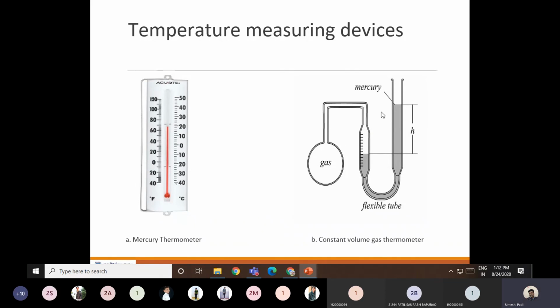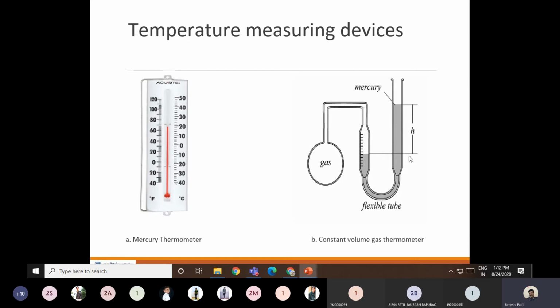So the working of the constant volume gas thermometer is almost the same as the mercury thermometer. When this gas is immersed inside a system whose temperature we want to measure, it will get heated, and due to heating this gas will expand inside this capillary tube, and due to this there will be a rise in the level of the mercury.